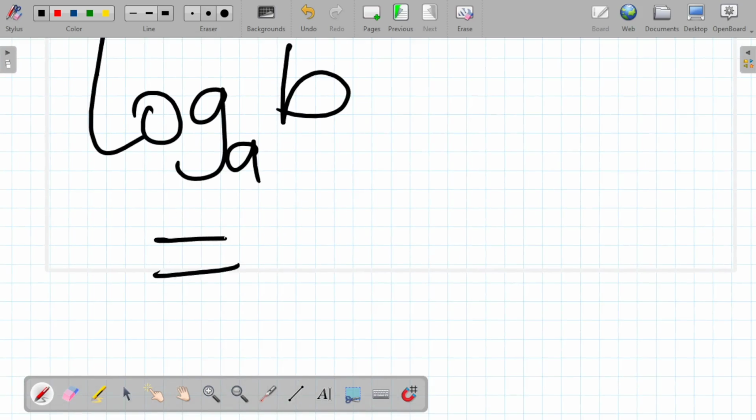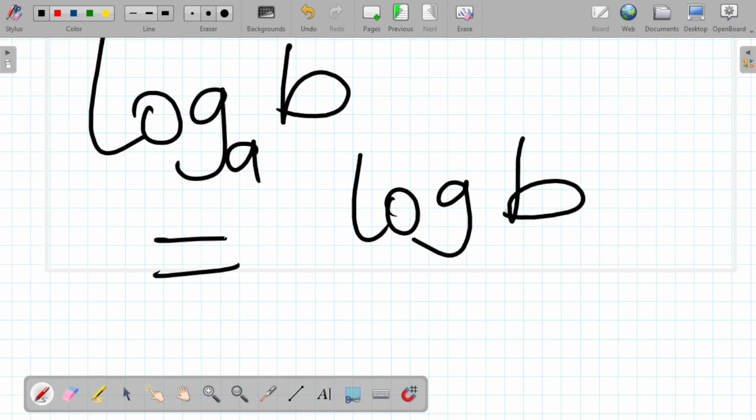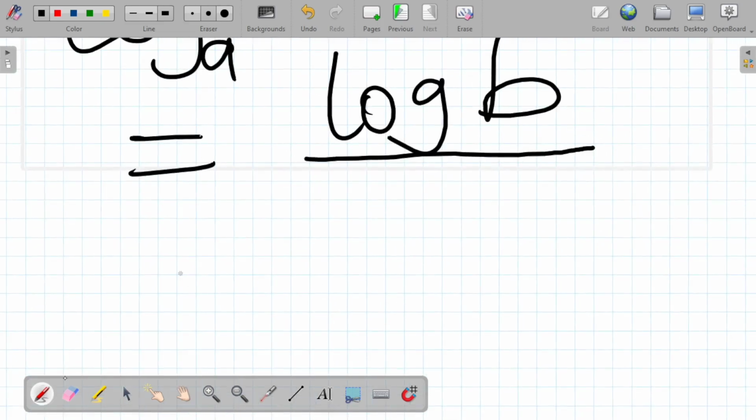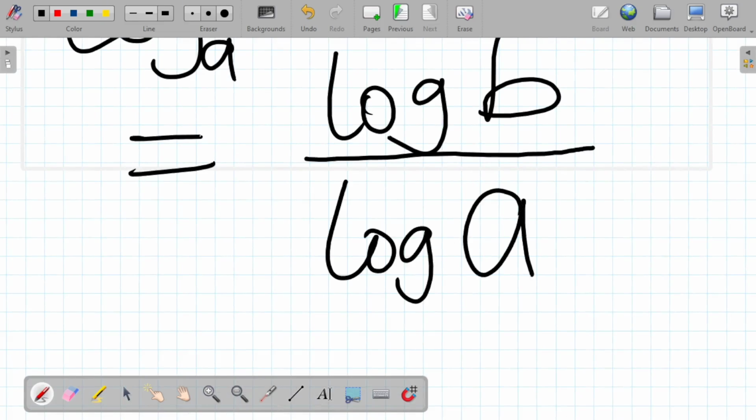It is equal to, we write log of the argument, so the argument here is b, and then all over the log of the base that was given, which is a. So we now write base 10. Let's say base 10 is c. So we attach c as a base.